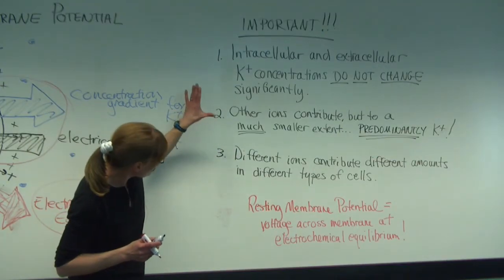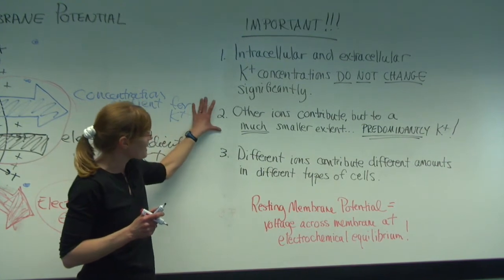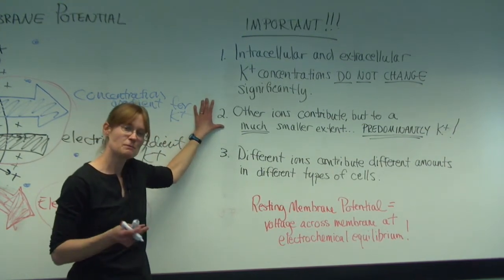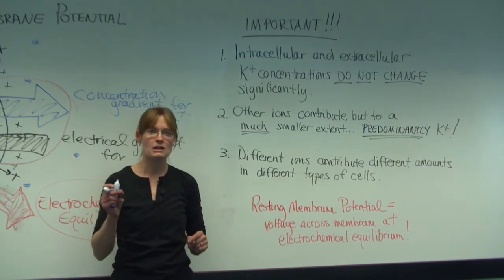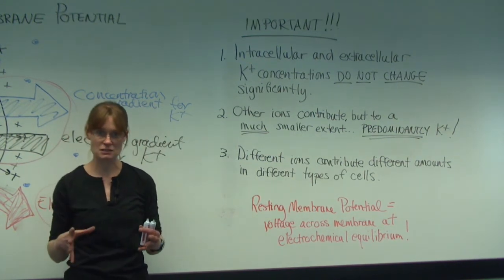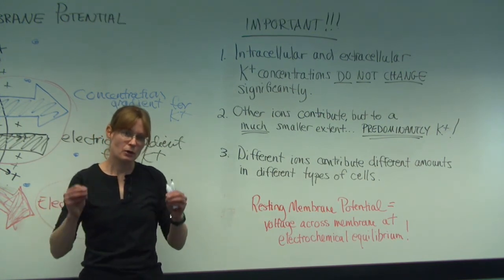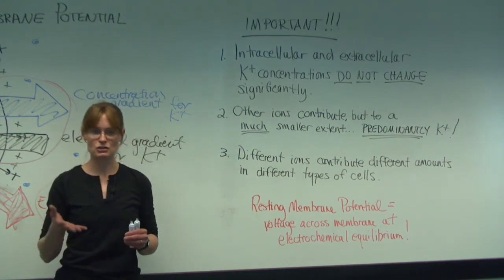The other thing I want to make sure that I say is that yes, other ions do contribute to this, but to a very, very small degree. And again, that really has to do with the fact that at rest, the cell membrane is predominantly permeable to potassium as compared to those other ions.